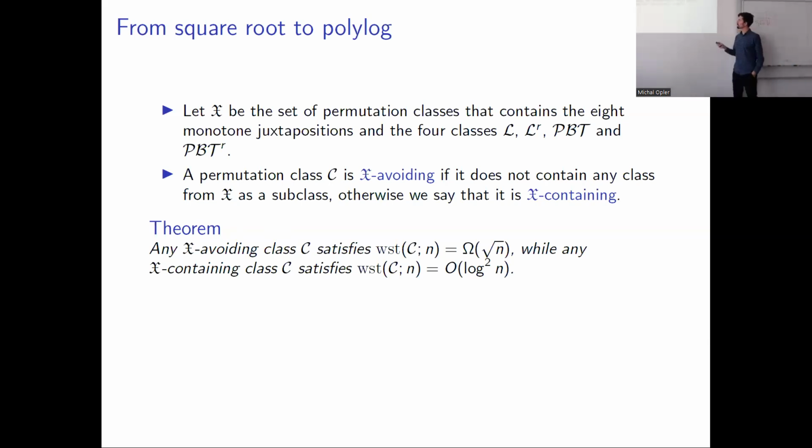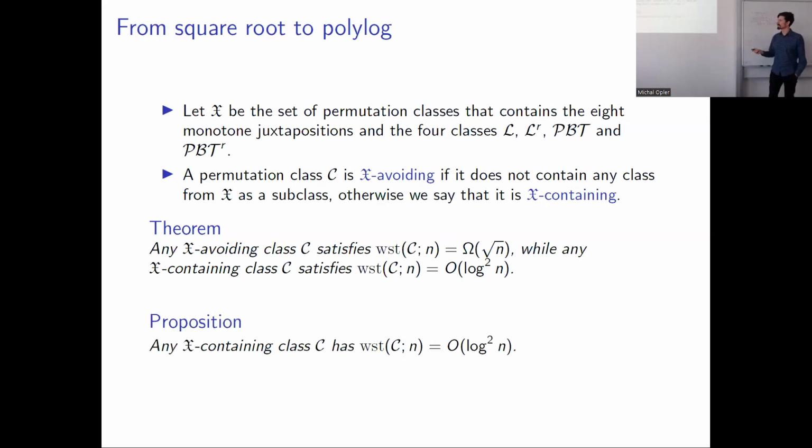Any permutation class is Chi-avoiding if it does not contain any class from there, and otherwise we say that it's Chi-containing. And the whole theorem of the gap is this characterization: if your permutation class contains some of these classes, then it sorts in at most log square time. And if it avoids all of them, then it cannot sort faster than square root of n.